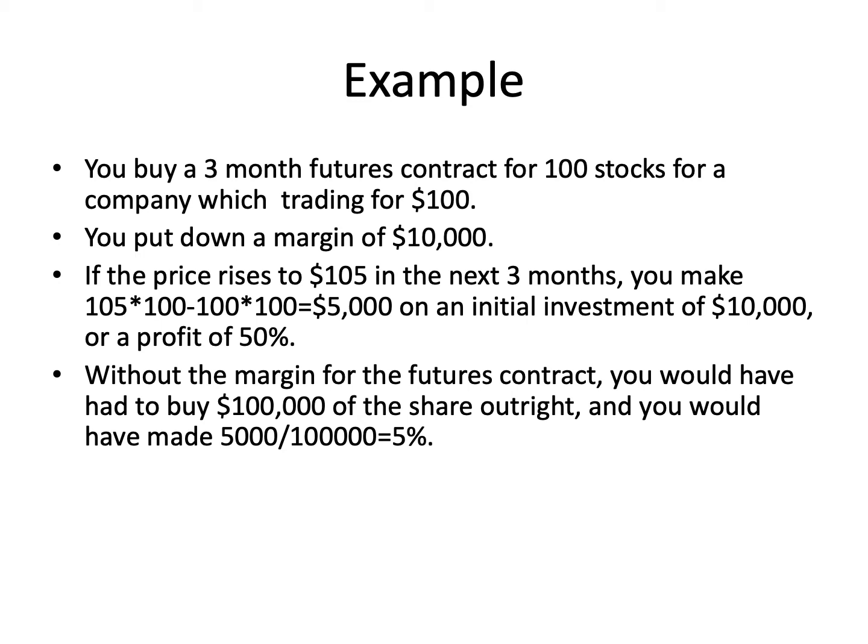Without the margin possibility for the futures contract, you would have had to buy $100,000 of the share outright, and you would have made 5,000 divided by 100,000, which is only 5%. Plus, your capital is tied up for the 3-month period.